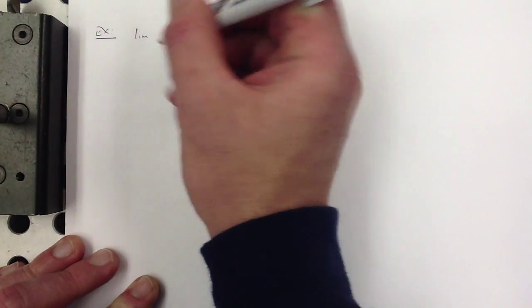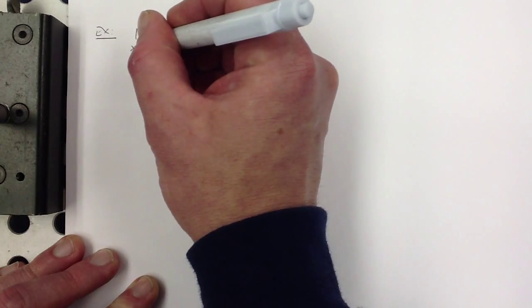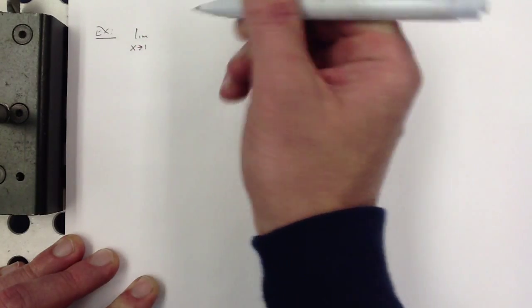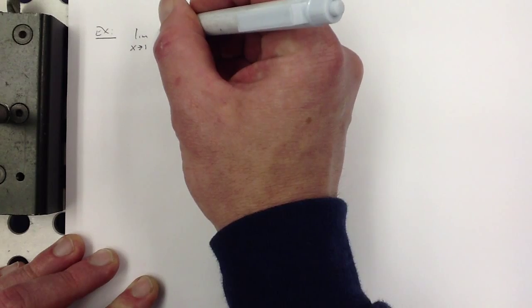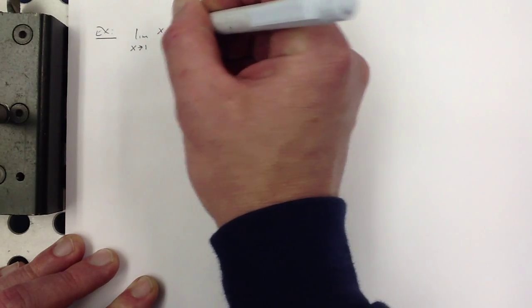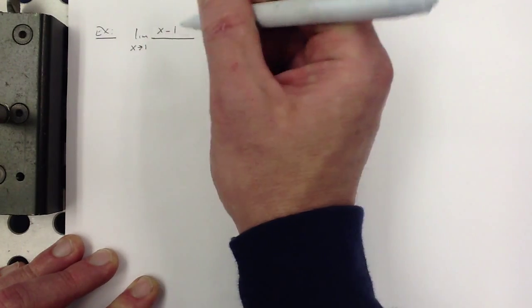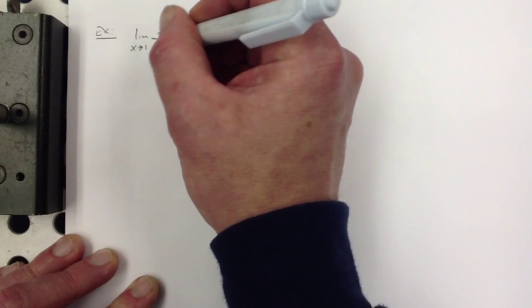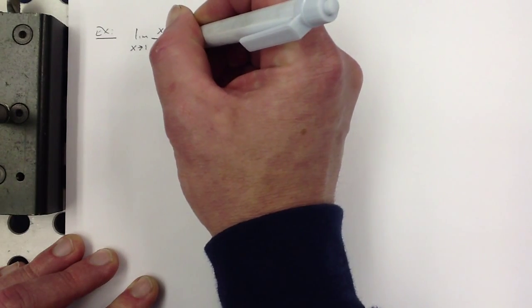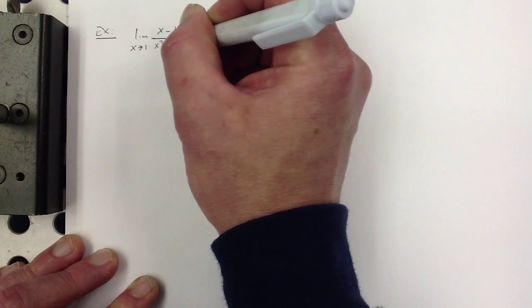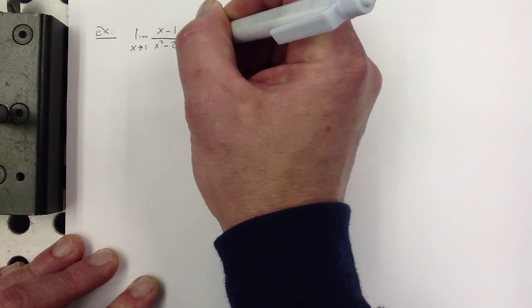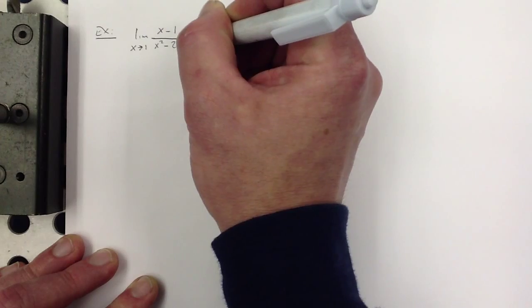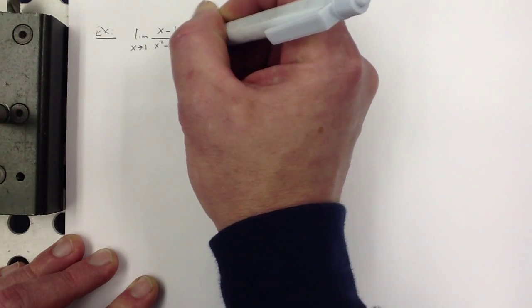So what is the limit as x approaches 1 of x minus 1 over x squared plus 2x minus 3? Let's see if I did that right. I'm trying to make one up in my head that will factor how I want it to.